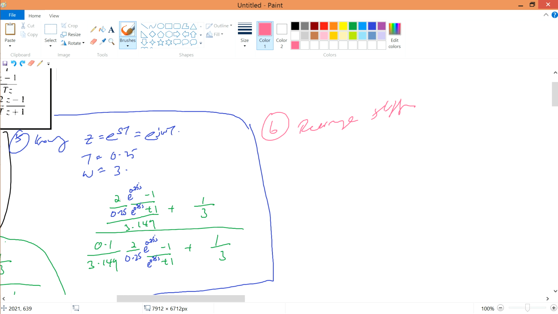If I were to rearrange all this, for example, if you don't know how to evaluate this type of function, you can write it as 2 divided by 0.25, divided by 3.149. What I've written is for this thing. Then you can rewrite it as 0.25 times 1 over 3.149, and then you can evaluate this term.